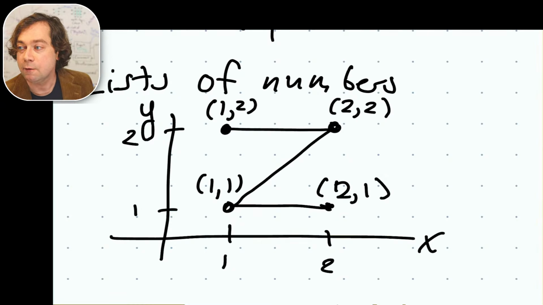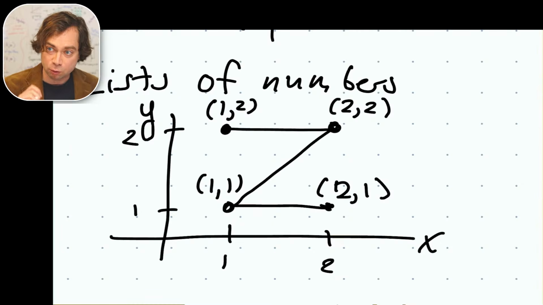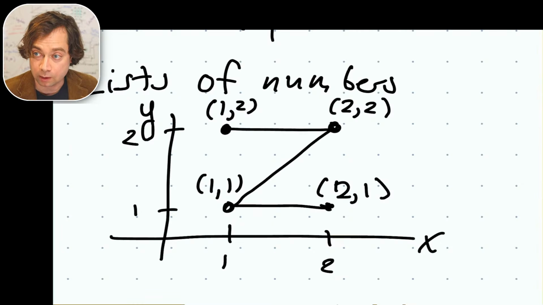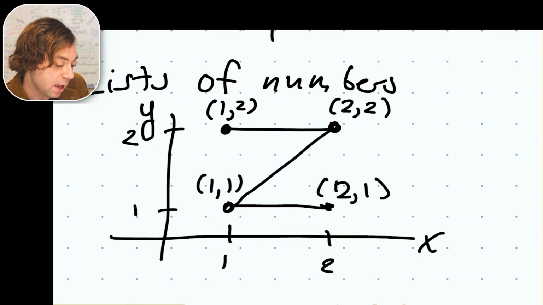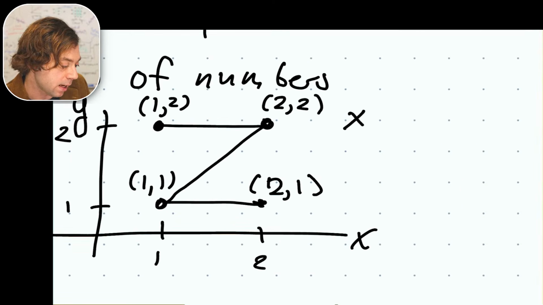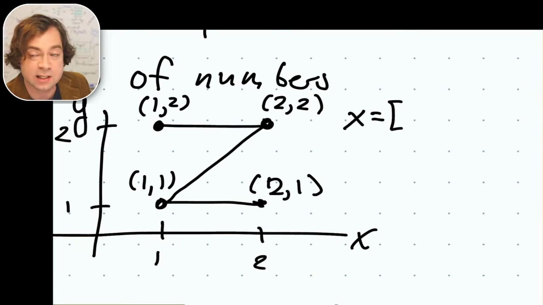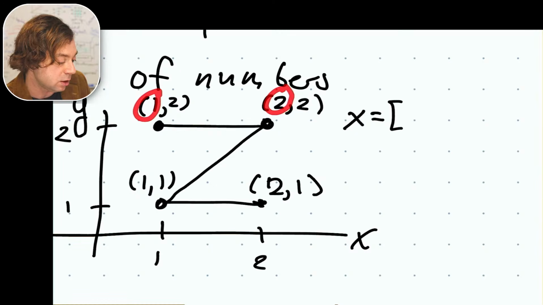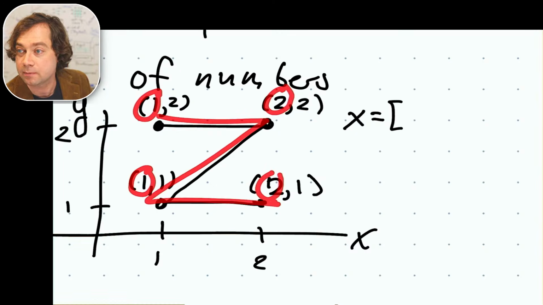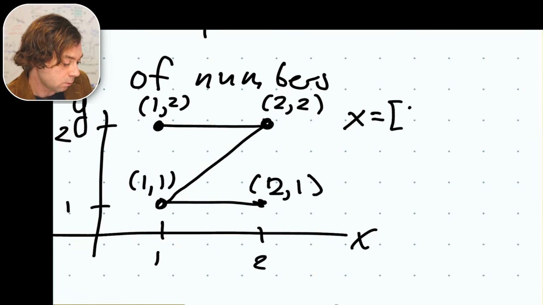So if we can give, instead of a single point to our plotting, we can give a list of points. We can give a list of x points that looks like, I'm just going to draw this list in a square bracket, which has our first x point 1, then 2, then 1, then 2. So I could say 1, comma 2, comma 1, comma 2.